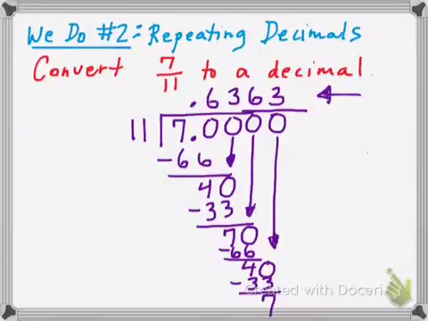So I can end here, and I notice the 6 and the 3 keep repeating. So the repeating bar goes over the 6 and the 3. So we can say that 7/11ths as a decimal would be 63/100ths repeating, because the 6 and the 3 keep repeating over and over again if we were to continue dividing. So again, 7/11ths as a decimal is 63/100ths repeating.